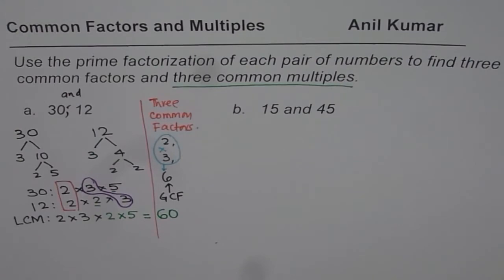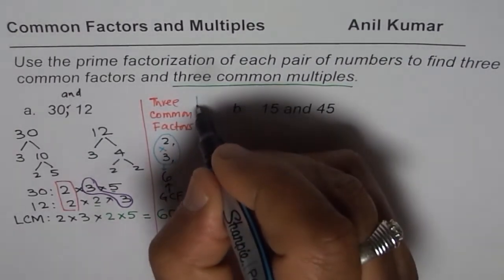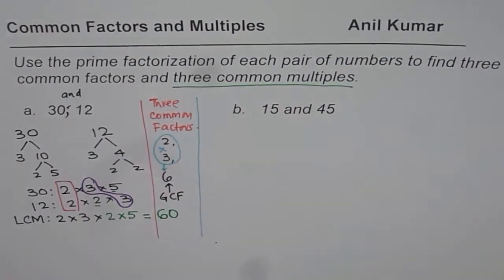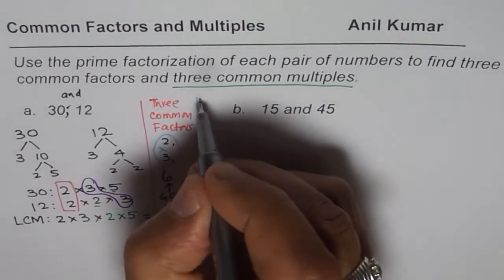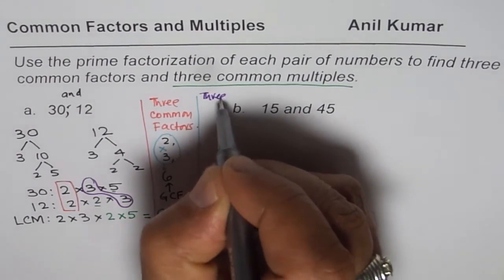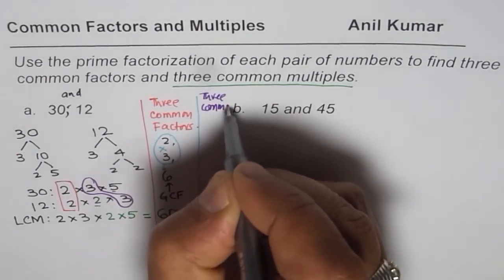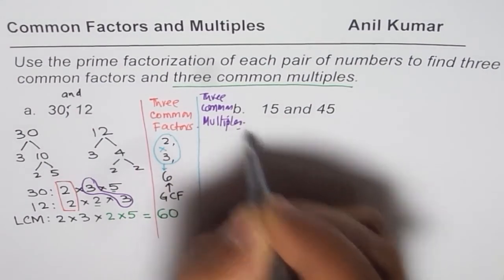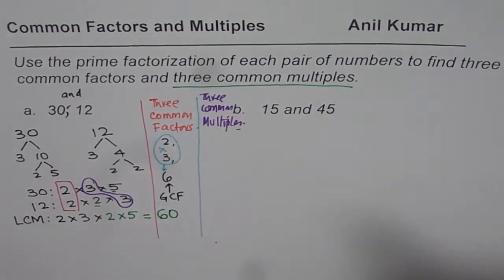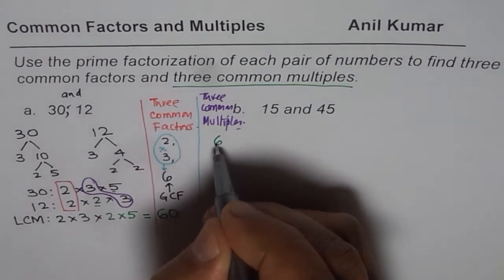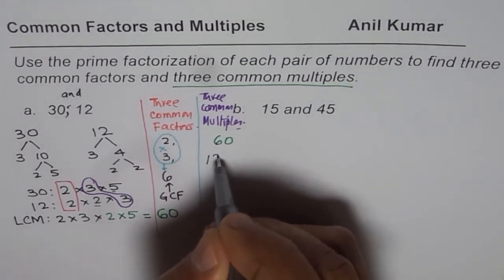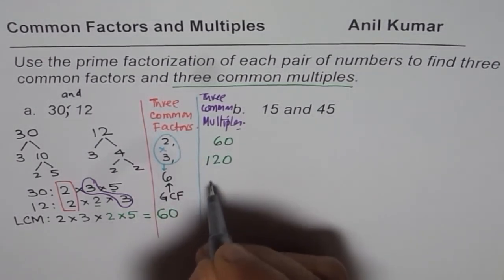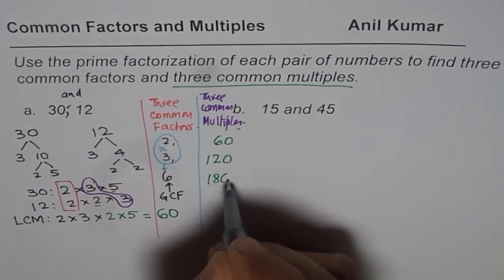So let me write down three common multiples. Three common multiples for us are 60, then 2 times 60, 120, and 3 times 60, 180.